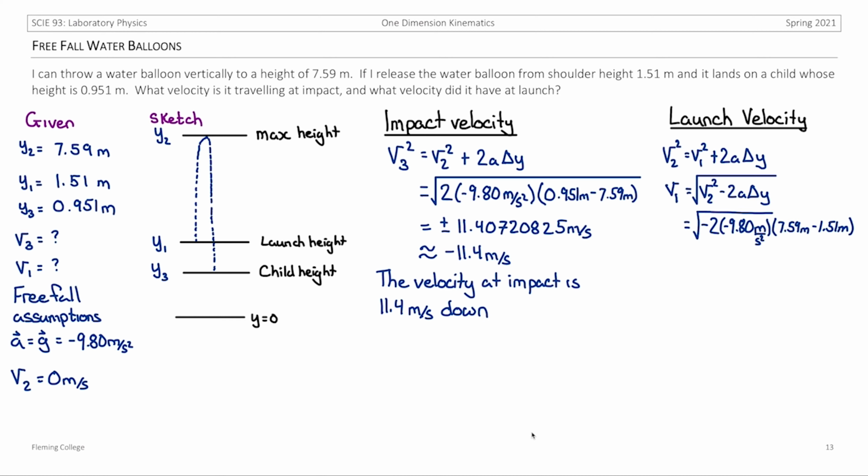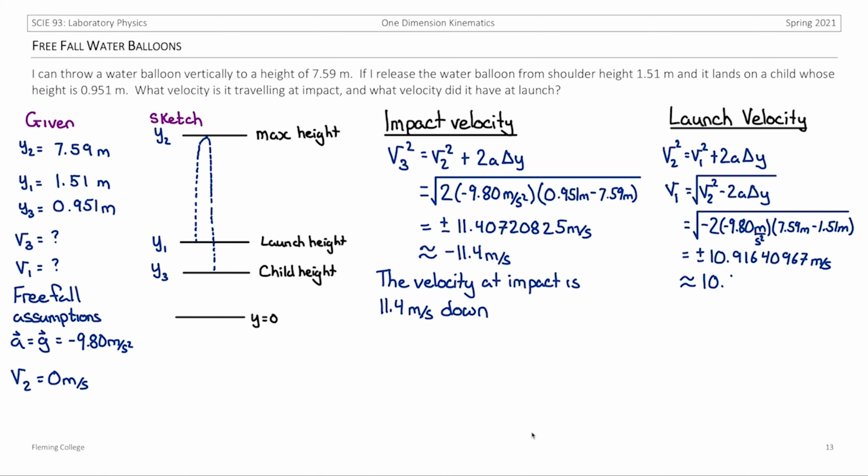When we consider our negative values, we see we have negative 2 from the subtracting and negative in the acceleration. So again, we'll end up with a positive value under the radical. And when we complete the calculation, the calculator spits out 10.9164. And we have to look at our units to get meters per second. And we also have to acknowledge that this could be both positive and negative.